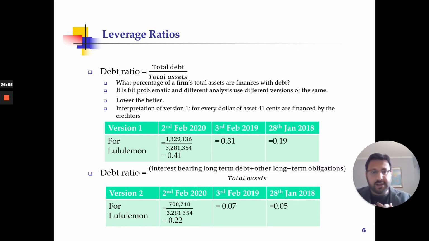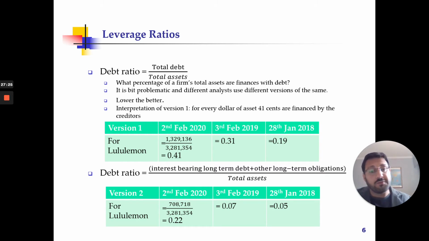So if I'm the analyst, I will go with version 2 rather than version 1 of the debt ratio. I will include all the long-term obligations plus the interest-bearing long-term debt, and whatever portion of the long-term debt is due within one year. That due-within-one-year portion comes from the current liabilities, so I will include that heading.